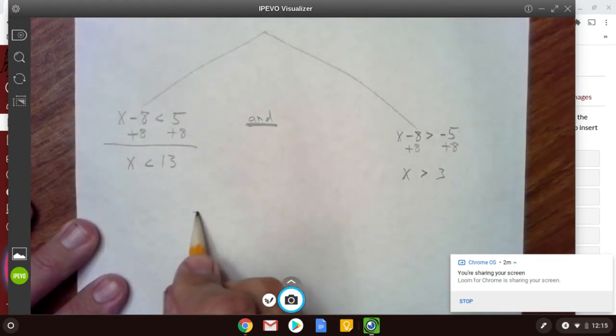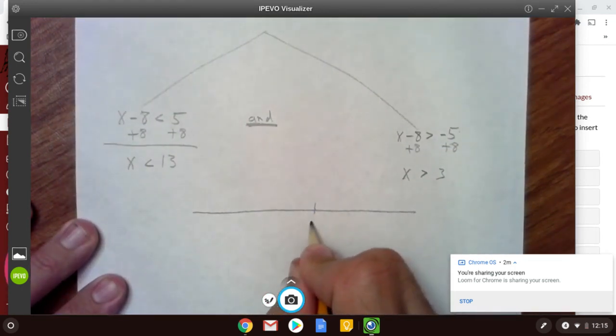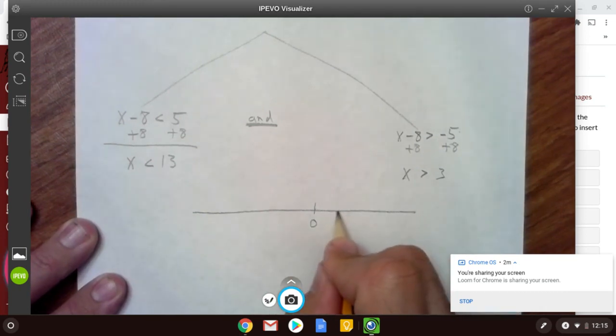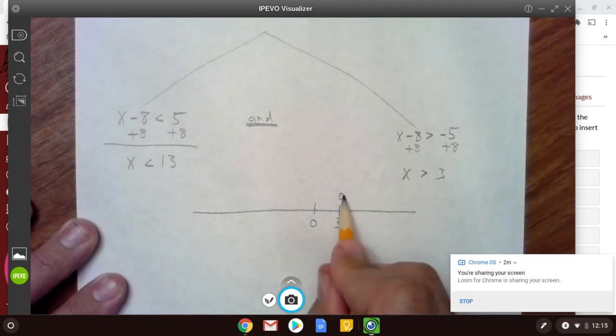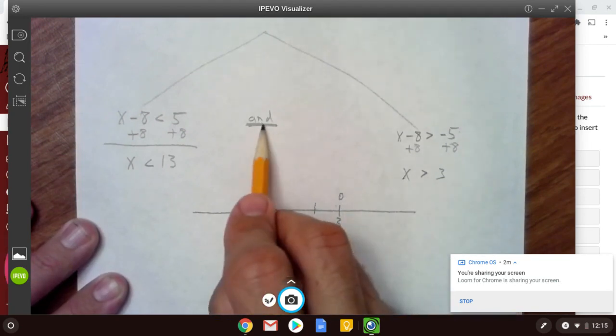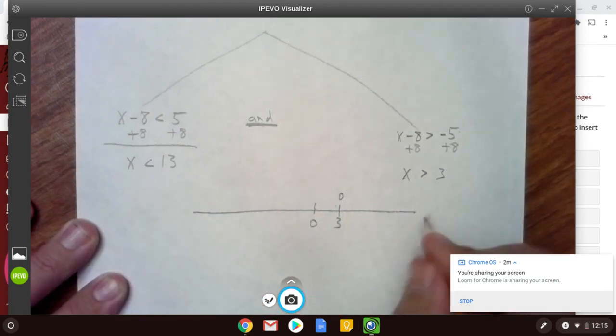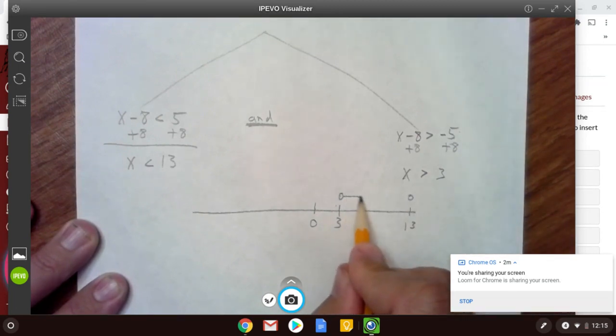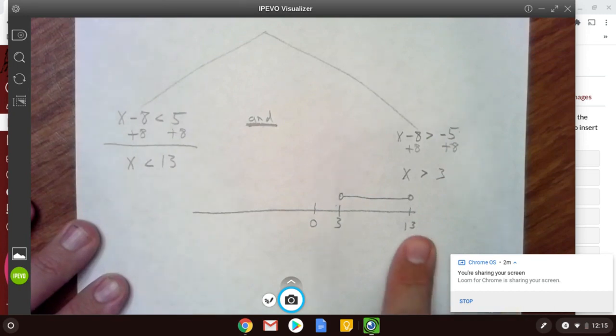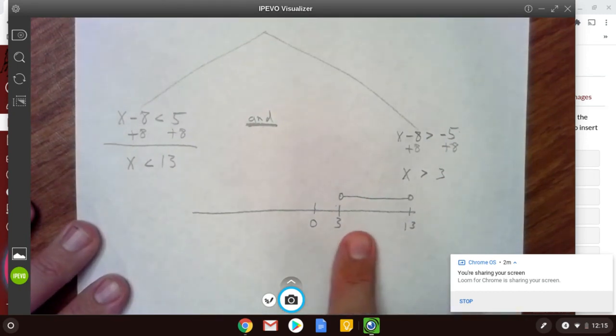So we want numbers that are greater than 3, so open dot at 3, greater than 3, and they have to be less than 13. So this is going to be an and, so we'll connect the dots. It's less than 13, and it's also greater than 3.